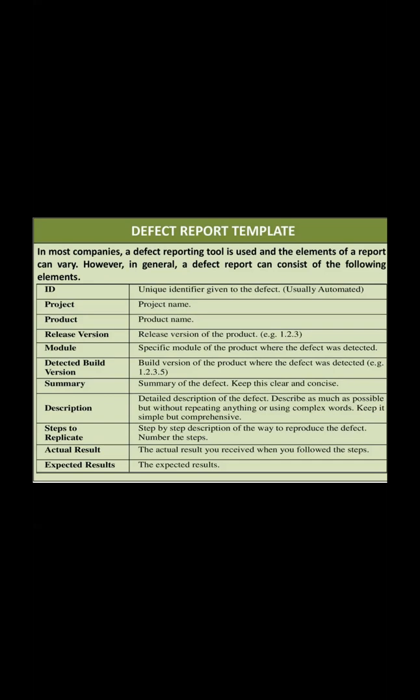And other components are, it should have the attachments or enclosures based on the defect, and the remarks, concluding remarks, defect severity, how it will affect the entire process, defect priority, reported by, assigned to, status of the defect, and fixed build version of the defect. So these components should be present or mentioned in your defect report template.